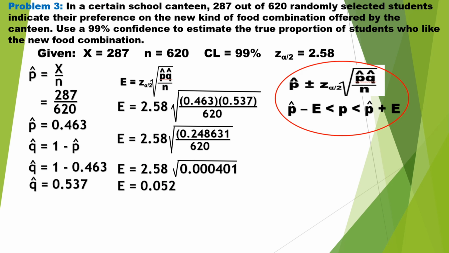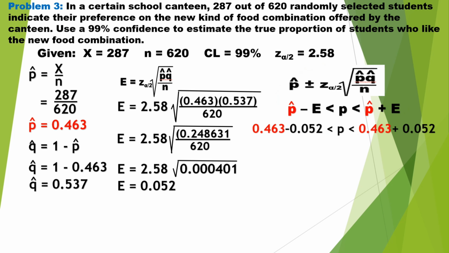To get the interval estimates of the given proportion, we have the modified formula. P is between P hat minus minimum error and P hat plus maximum error. To proceed, substitute the value of P hat, which is 0.463, to the left and right of the expression. Also, substitute the value of error. Subtract 0.052 to the left, add the same to the right.